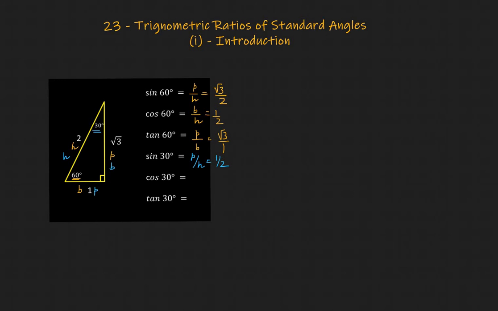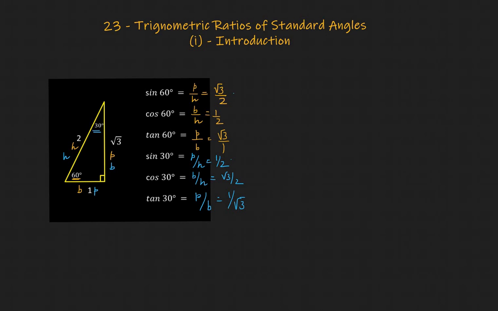You can see that sine 60 was root 3 by 2, and sine 30 is 1 by 2. Cos 30 is base by hypotenuse, and that is root 3 by 2. And tan 30 would be perpendicular by base, so that's 1 by root 3.